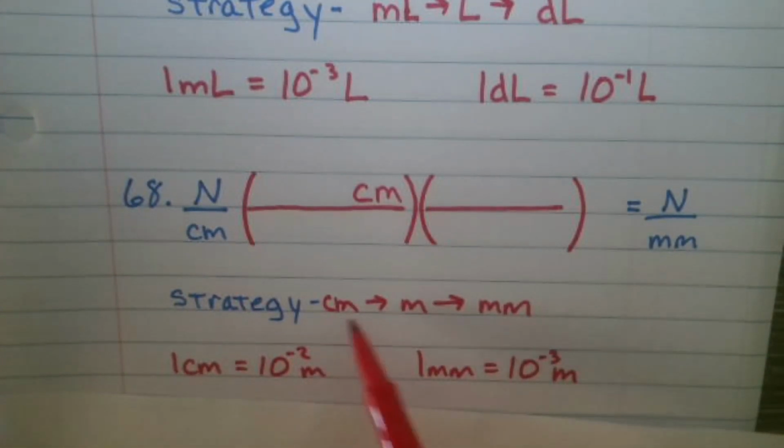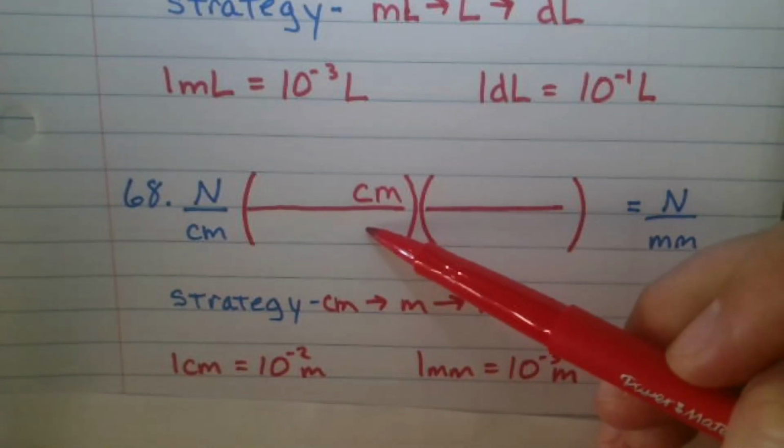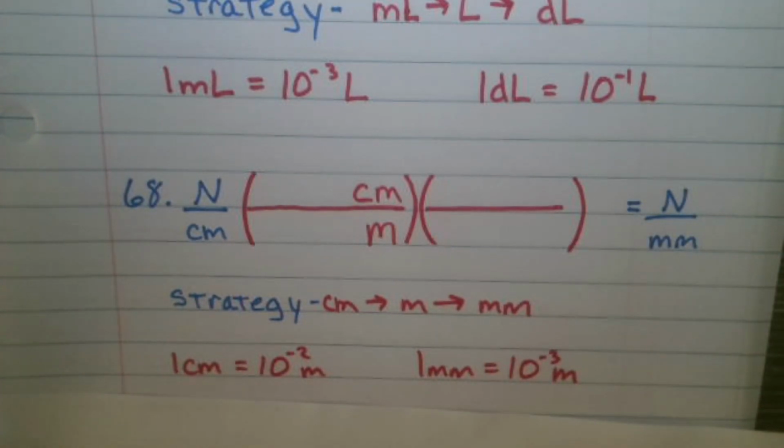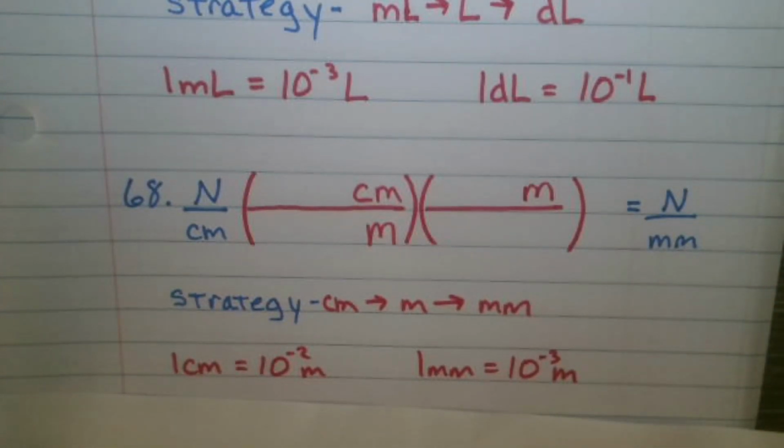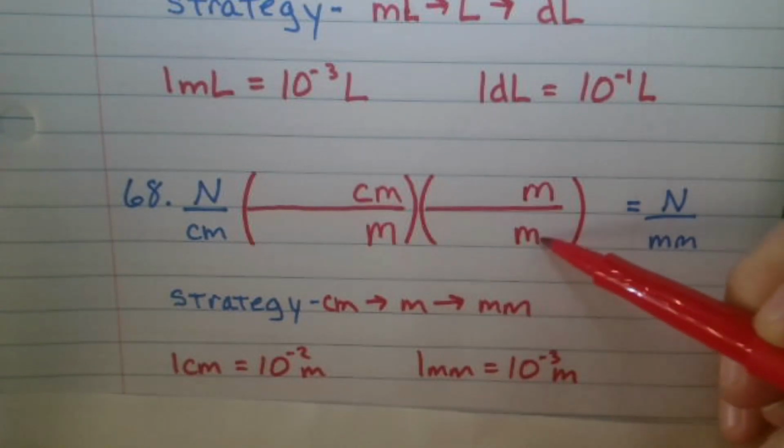I'm going from centimeters to meters, so I would put meters right here. In the next conversion factor, I have meters on the bottom in the first one, so I want meters on the top in the second one. If I have meters on top, since I'm going from meters to millimeters, I would put millimeters on the bottom.